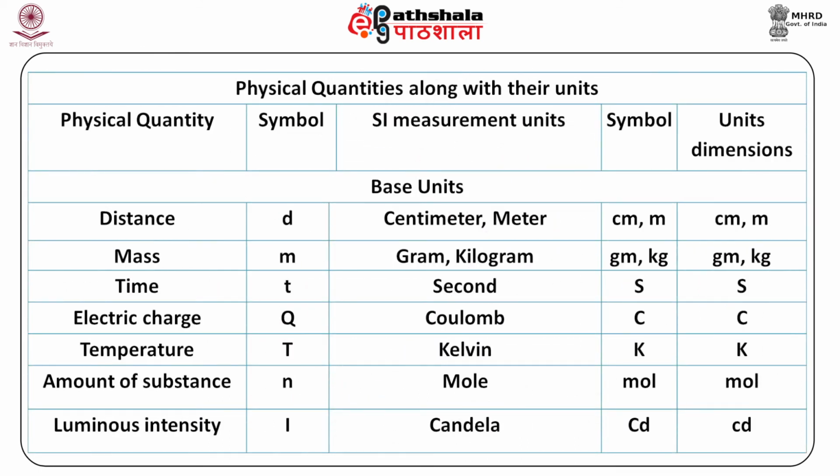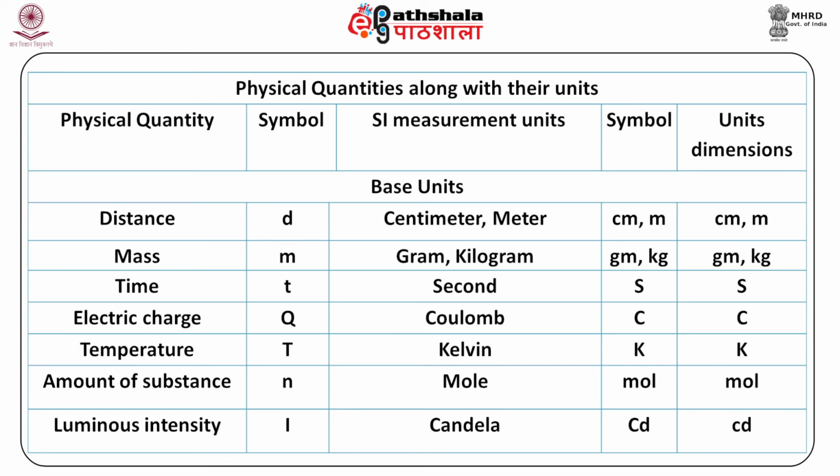Now let us learn the physical quantities along with their units. Physical quantity, symbol, SI measurement units, symbol, units, dimensions. Distance, D, centimeter, meter, cm, m. Mass, small m, gram, kilogram, g, kg. Time, T, seconds, capital S, small s.